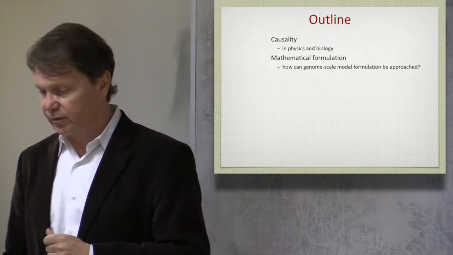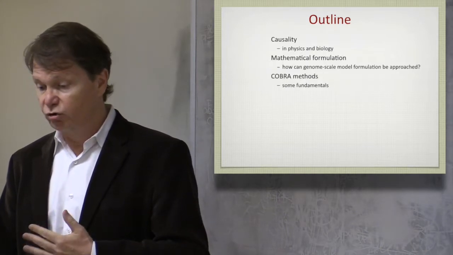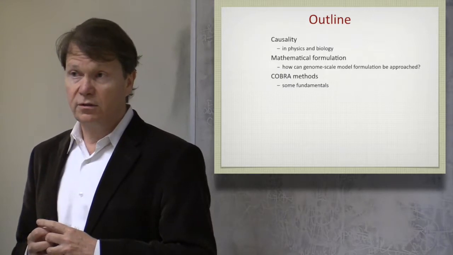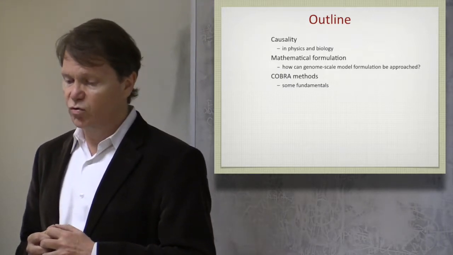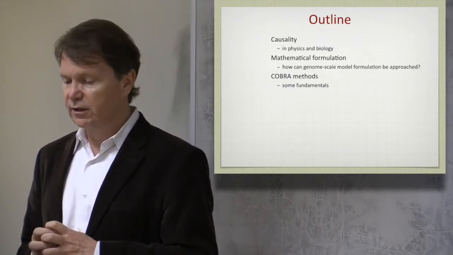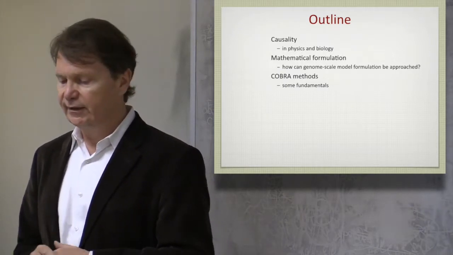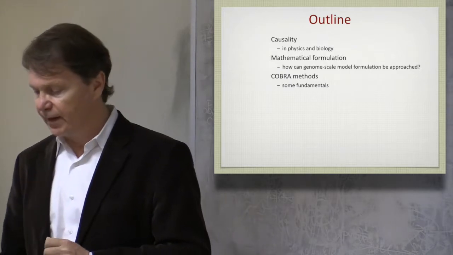So we'll talk a little bit about the philosophy underlying that. And that leads us to these COBRA methods that this part of the class is focused on, these constraint-based methods, and talk about just some of the fundamentals. No mathematical details, just more conceptually.